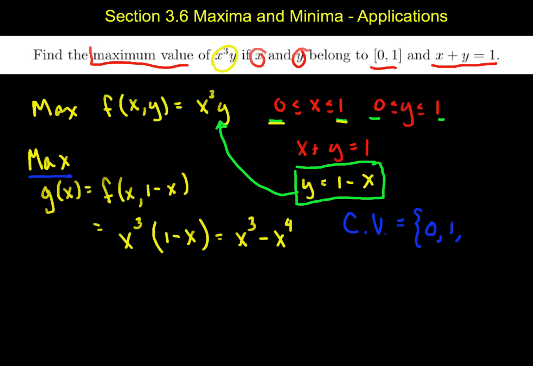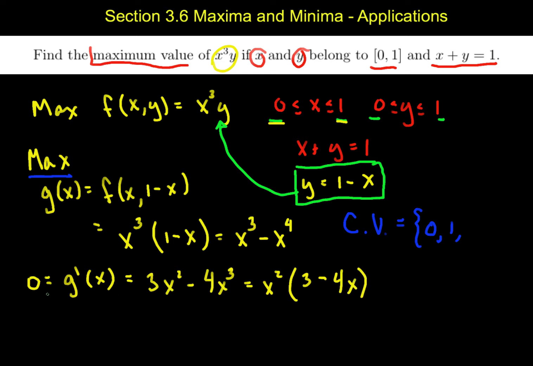And then the other critical values will be when the derivative is 0. So when is 0 equal to g prime? These are our interior critical points. The derivative is 3x squared minus 4x cubed, or factoring out an x squared, x squared times (3 minus 4x).